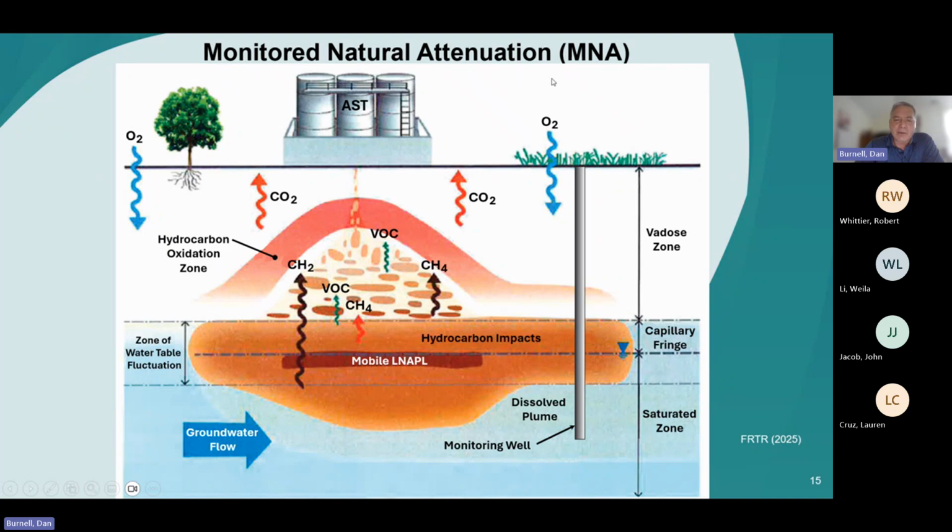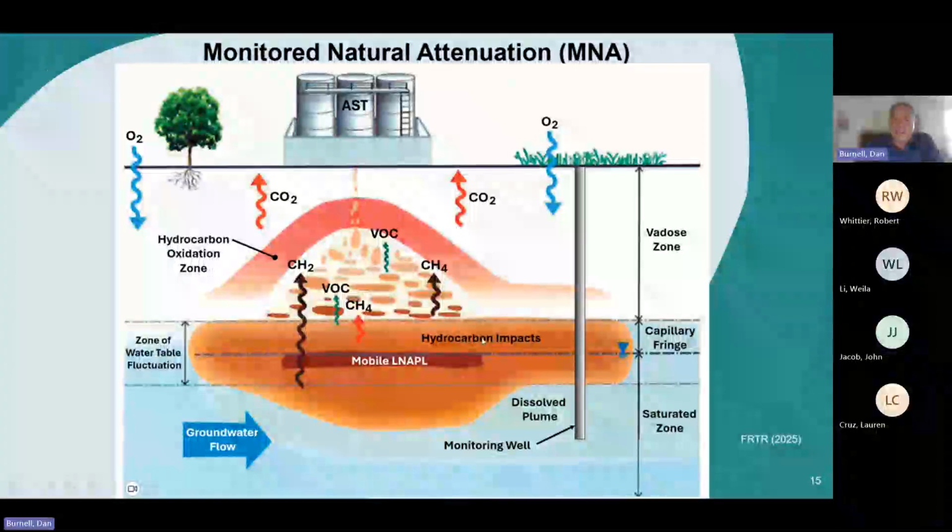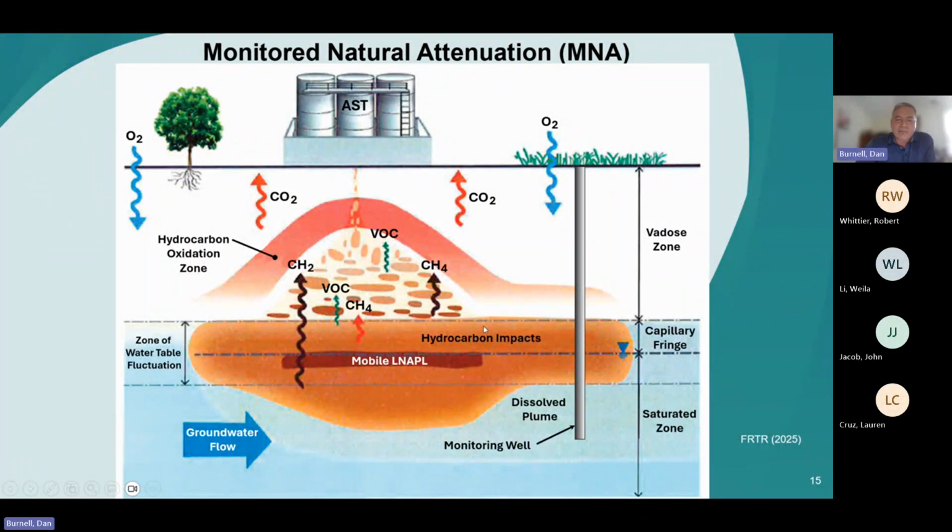And so monitored natural attenuation is the process by which natural mechanisms of the subsurface can, for example, lead to biodegradation of the plumes, and also the microbes can naturally eat and also breathe these chemicals, and there's also volatilization, and so over time the natural attenuation can reduce the concentrations.